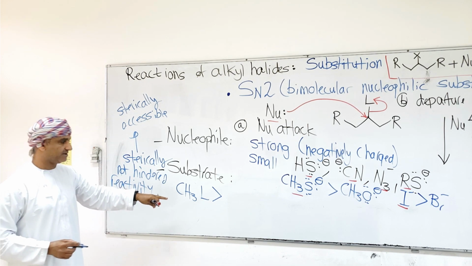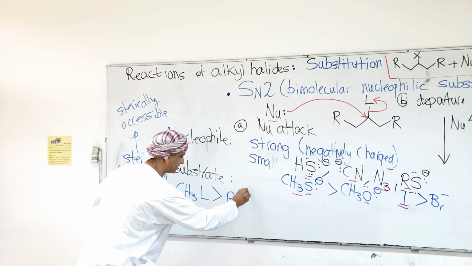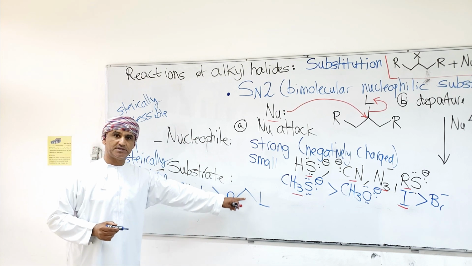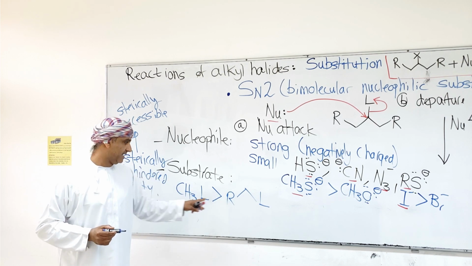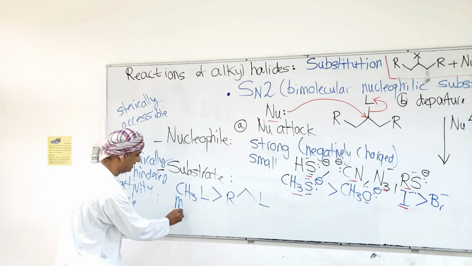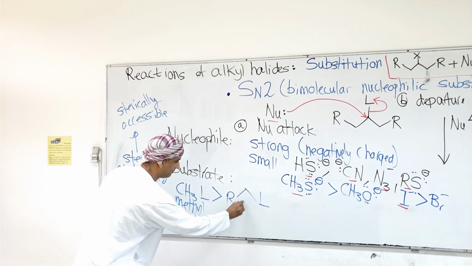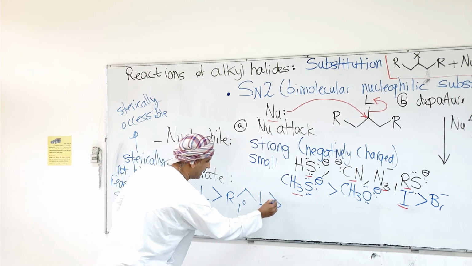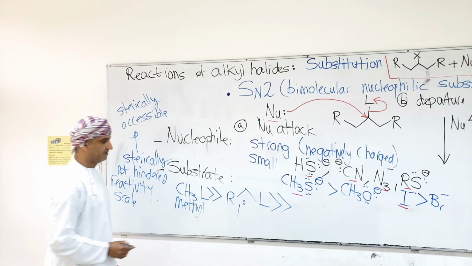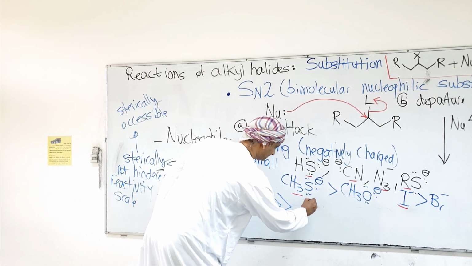Methyl substrates are the best, followed by primary substrates. In primary substrates, the carbon that's bound to the leaving group has one R, whereas in methyl it has none. Primary will be much greater in reactivity than the secondary.